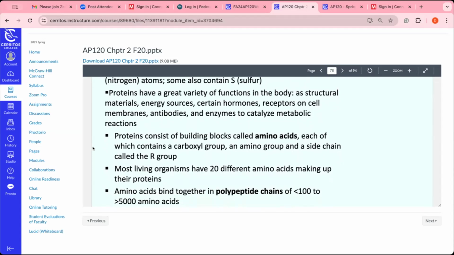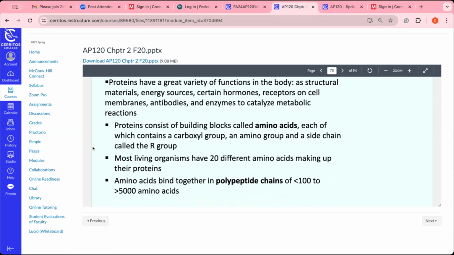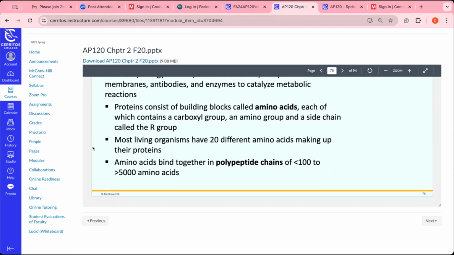Most living organisms have 20 different amino acids making up the protein. Amino acids bind together in polypeptide chains of less than 100 to 5,000 amino acids. So again, it depends on how many amino acids you need.